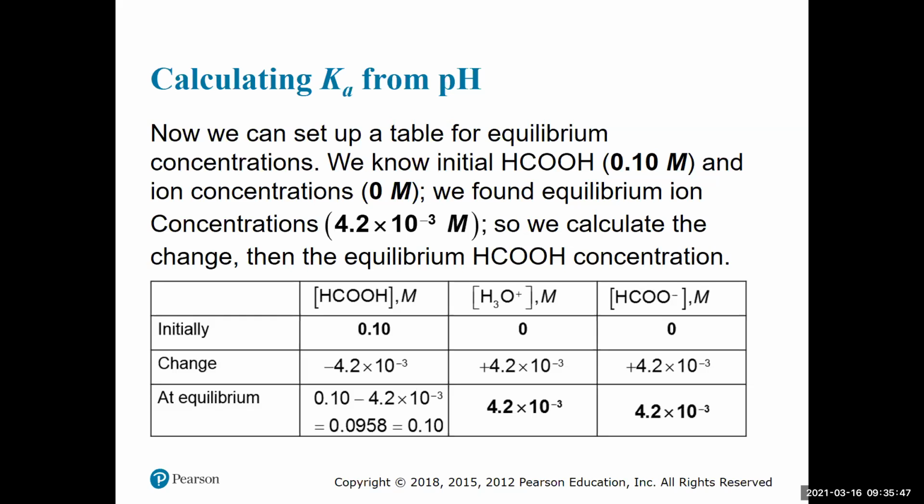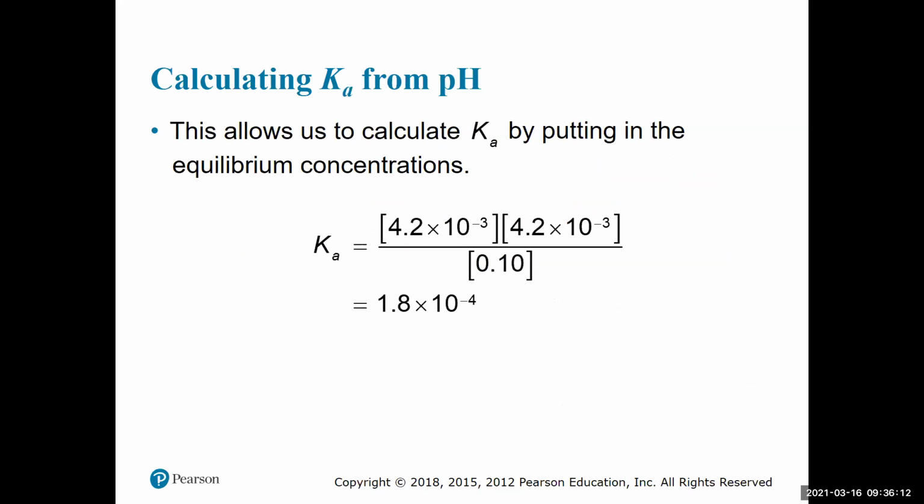Remember before we had to trot out the quadratic equation and go through 2 pages of calculations? Here's an example where the amount that dissociated relative to what we started with is pretty small. And if we stick to our significant figure conventions, the number actually didn't change, did it? So keep that in the back of your mind as we go on to some other examples.